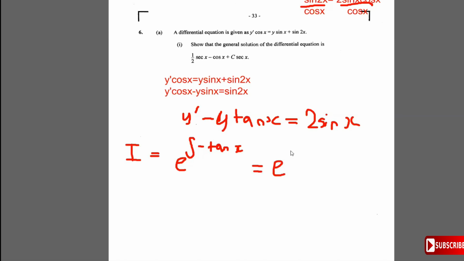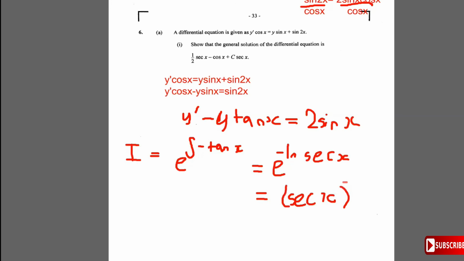So it's going to be e to the minus ln sec x, which I can bring up this minus 1, and so e to the minus ln sec x is sec x to the minus 1. So that's the integrating factor, sec x to the minus 1.